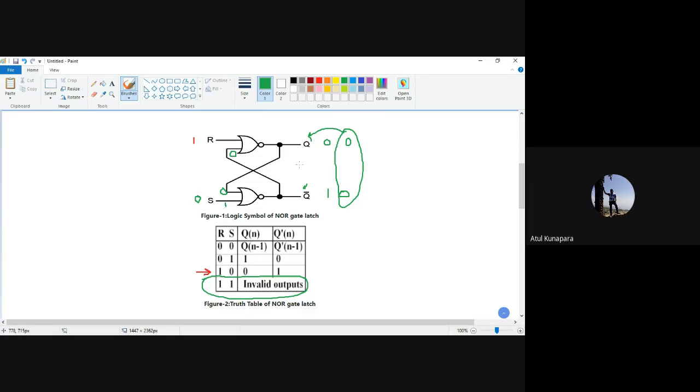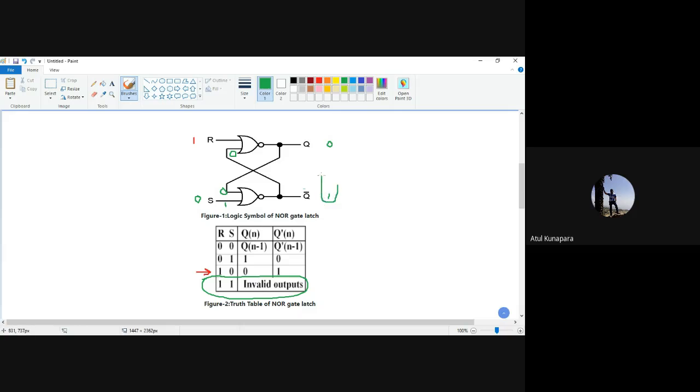For this case we have considered both conditions at the output side, that is, if your output was already set, then what is the condition? If R equals 1 and S equals 0, what should your output be? It is going to be 0 and 1, right? That is your final output.